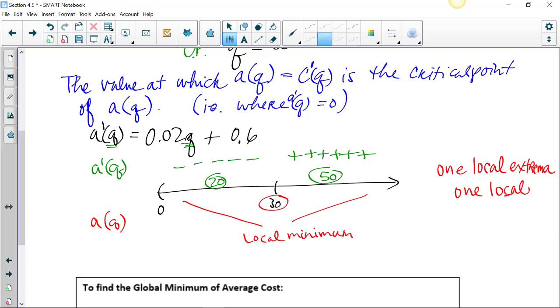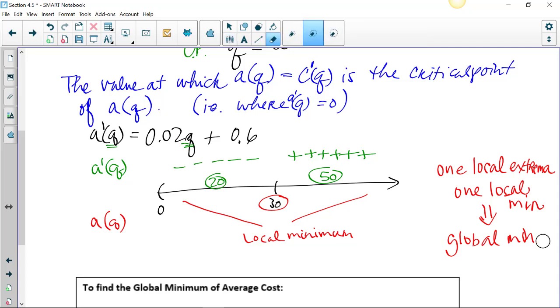If that's the only one over the interval, then that one local minimum is also a global minimum. I don't know why this right side of the screen doesn't like to write very well.